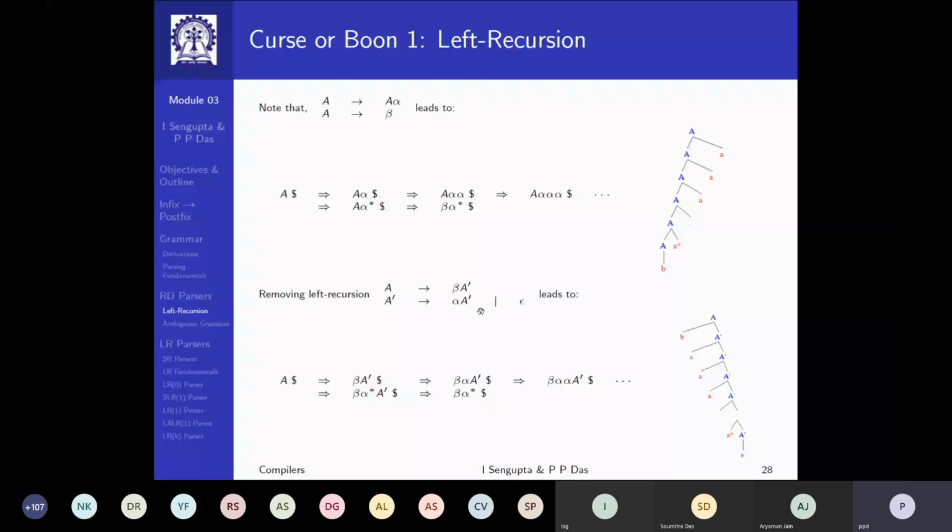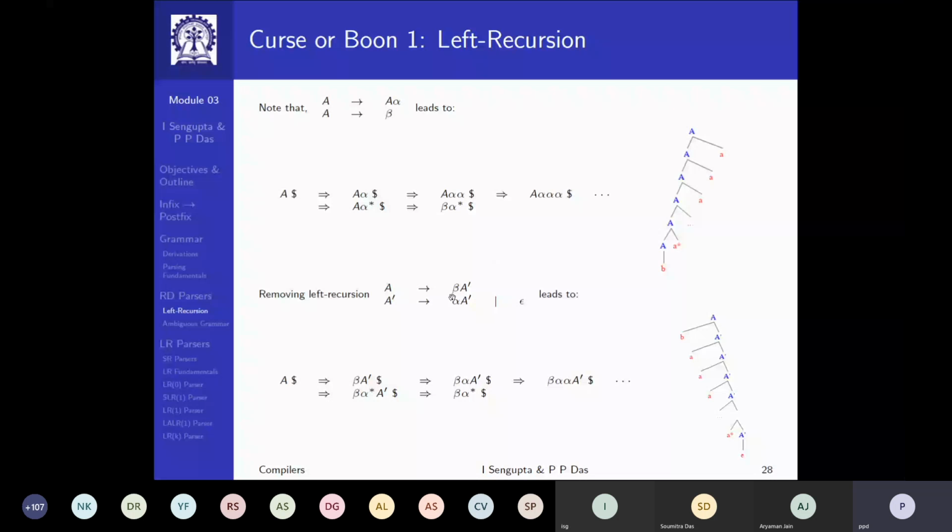The advantage when you are trying to code this as a recursive descent parser function is that you will write a function for A which will have beta to consume. So you will have at least one symbol in the look ahead to consume to decide that you are using this production.